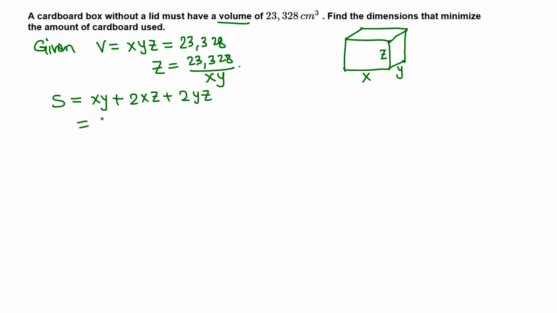So let's replace z from here. Then we get xy plus 2 times x times z, where z is 23,328 over xy.